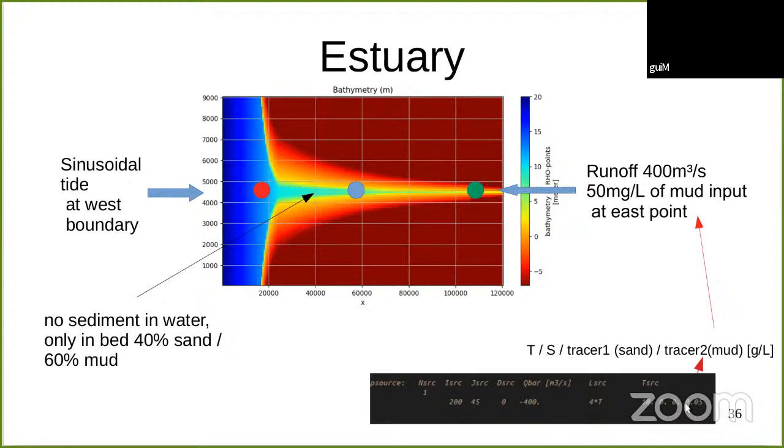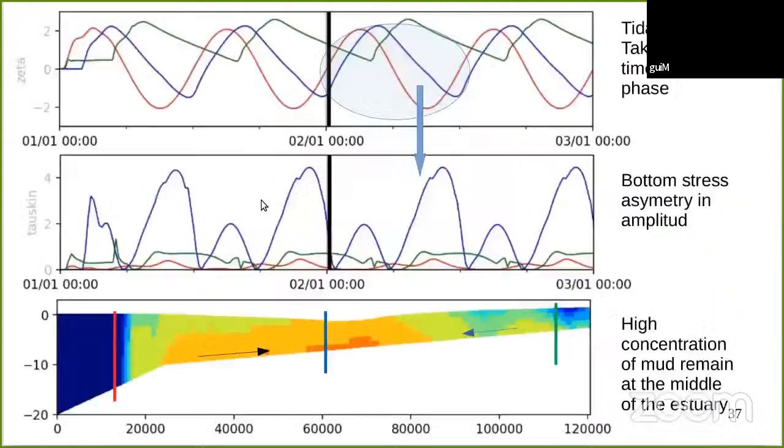You can put information on the quantity of mud you want, in this case for the runoff. I put red, blue, and green. This plot is for the evolution of each point in terms of theta, and also in terms of stress.